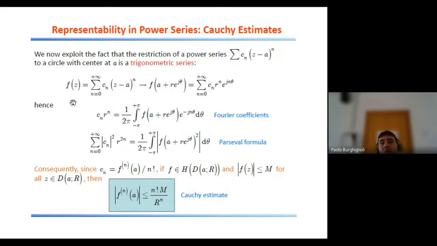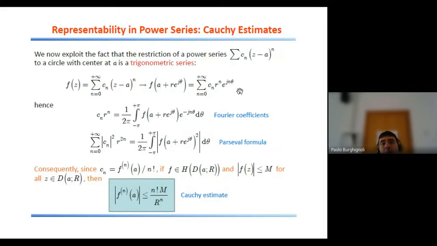If you evaluate the power series on any circle of radius r, so if you let z be equal to a plus r times the exponential e to j theta, where theta is an angle that describes the circle, then what you get is this series where the coefficients Cn are multiplied by the radius r to the nth power, and this is a complex exponential, which is typical of the Fourier series in the complex form.